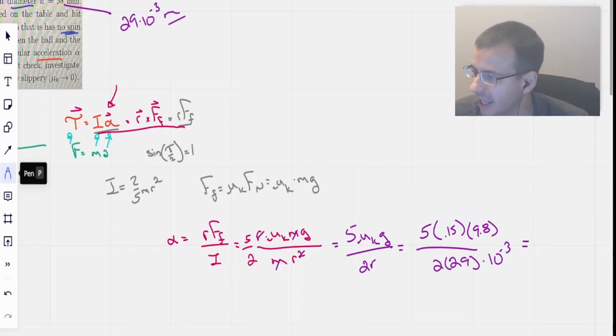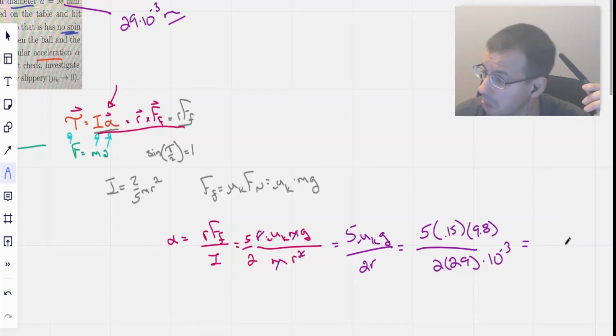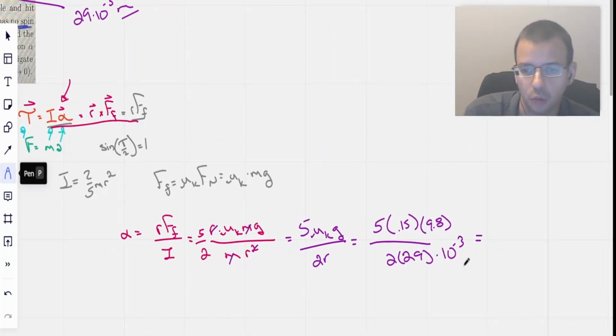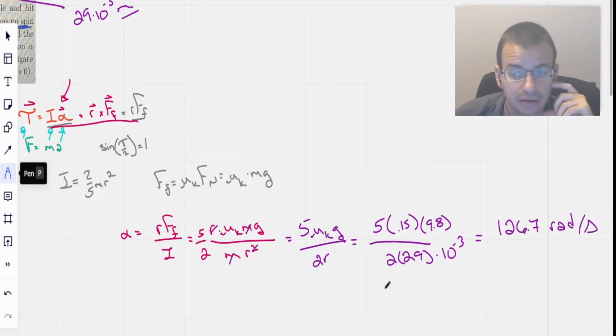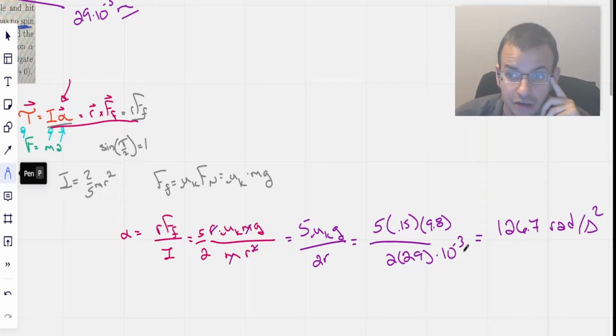And this should give us an angular acceleration: 5 times 0.15 times 9.8 divided by the quantity 2 times 29 times 10 to the negative third. Seems like quite the spin, which is going to be 126.7 radians per second, maybe squared, because it's an angular acceleration.